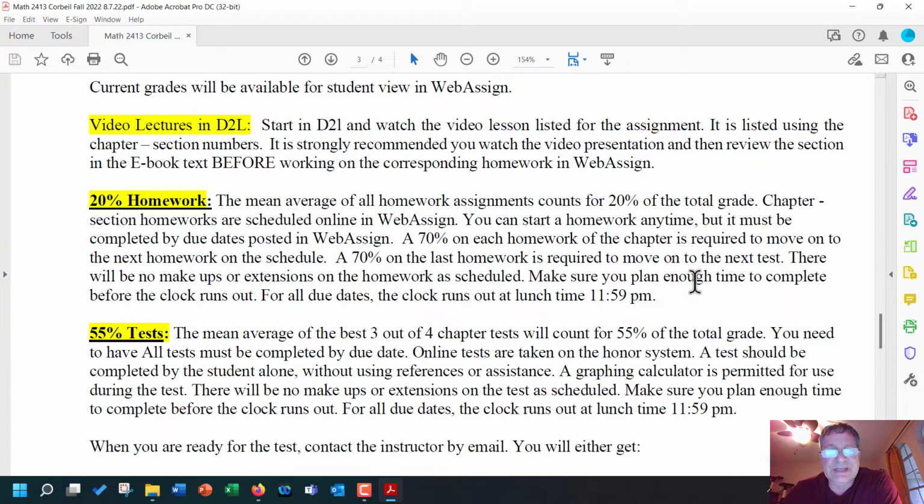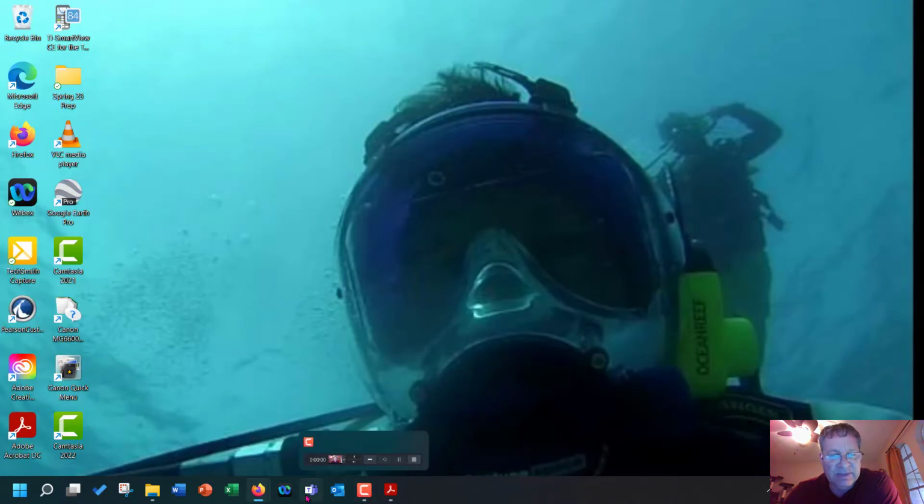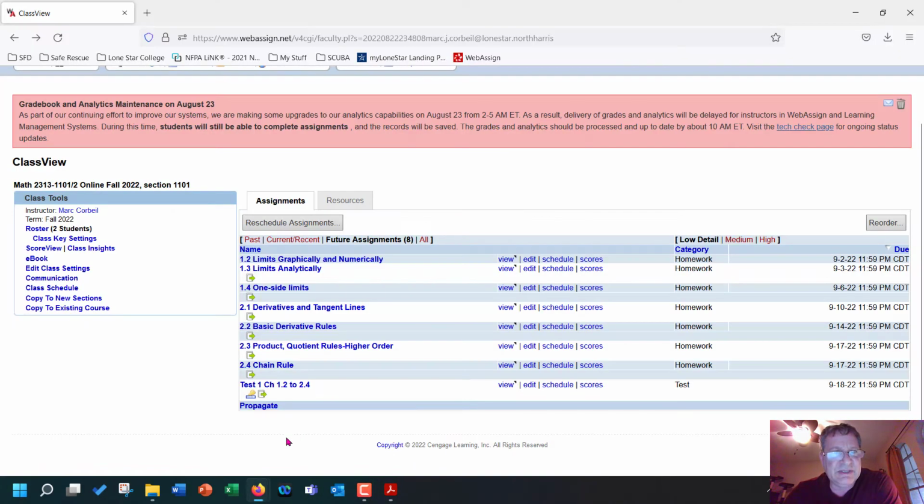You can start a homework anytime, but remember it must be completed by the due dates posted in WebAssign. Now that is an important thing. So when you look at WebAssign, you are going to see a bunch of due dates. They're already here. So the first one is due September 2nd, '22 at 11:59 p.m. These are relatively constant.